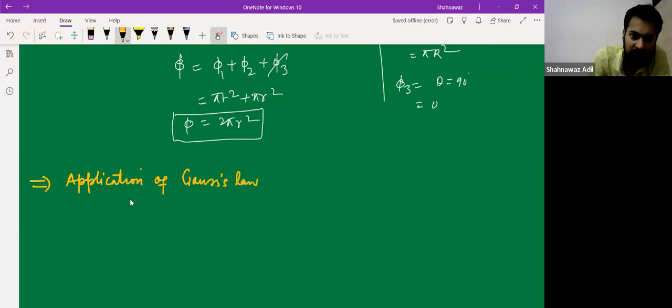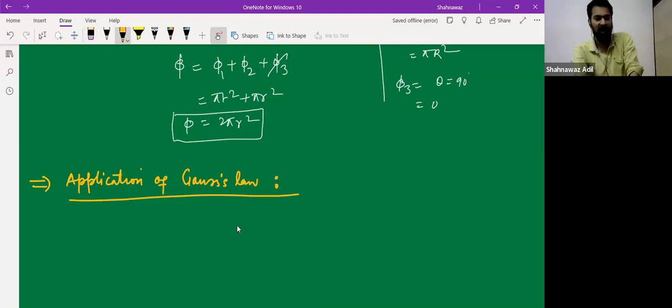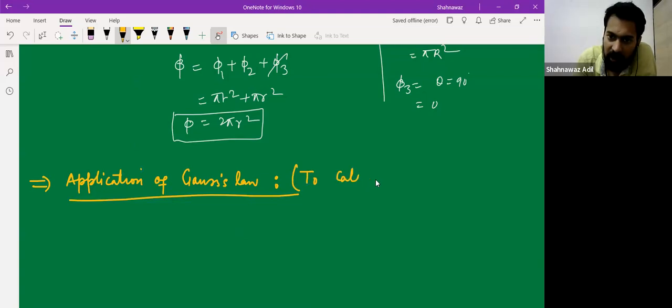So we can use it to calculate the electric field.